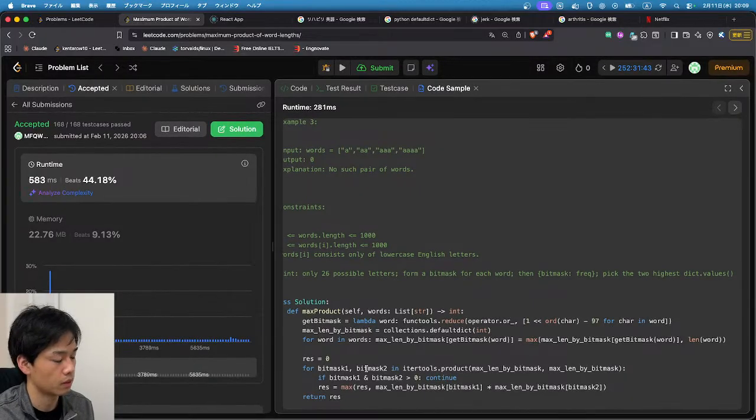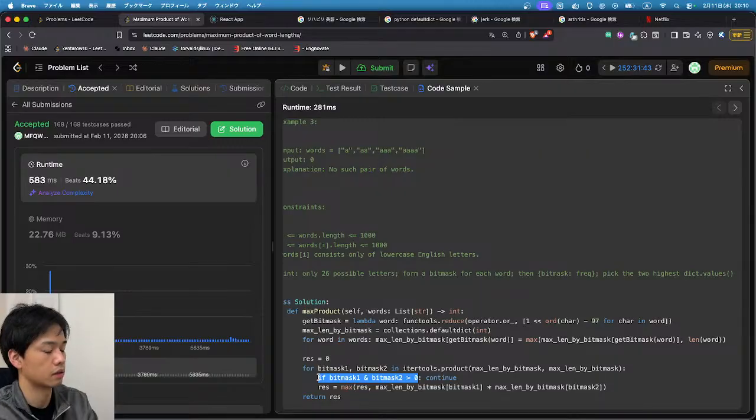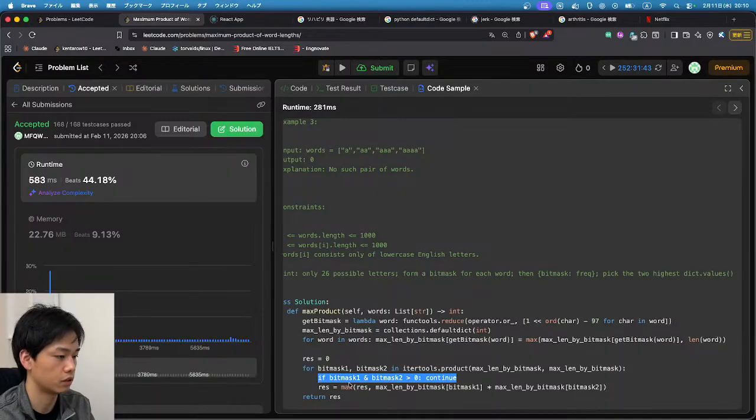It just finds a product. Yeah, if the bit mask is the same, it has a common letter, so continue the loop.